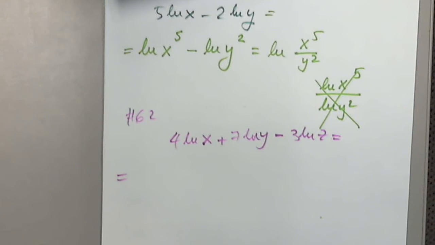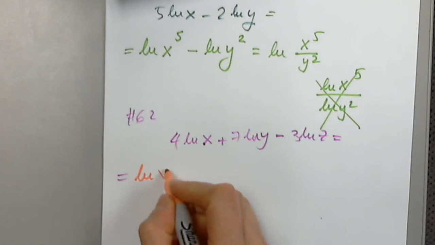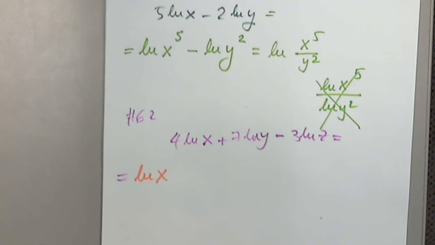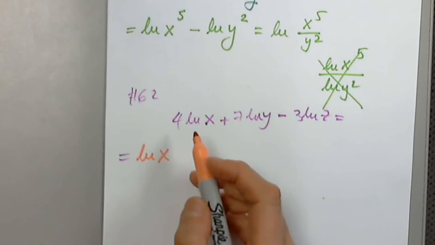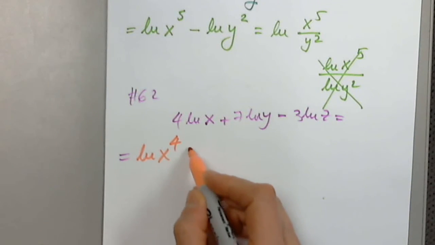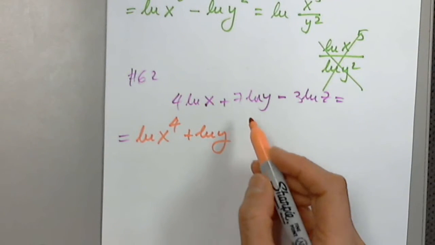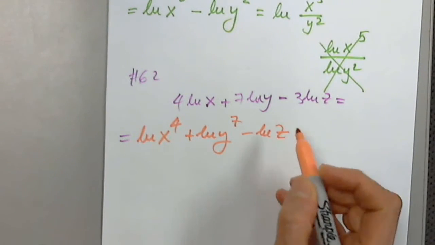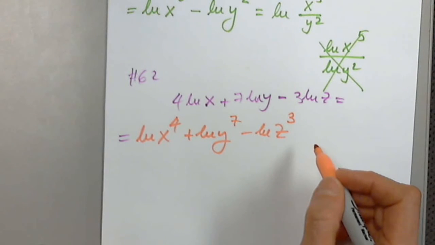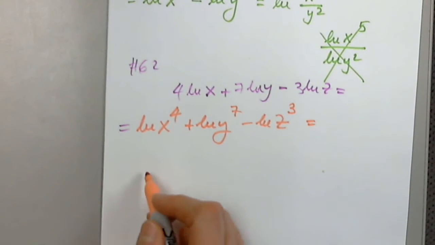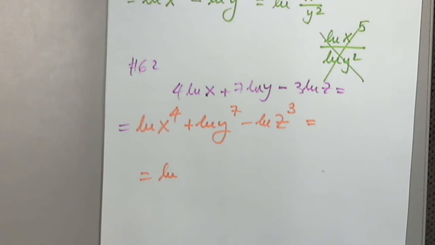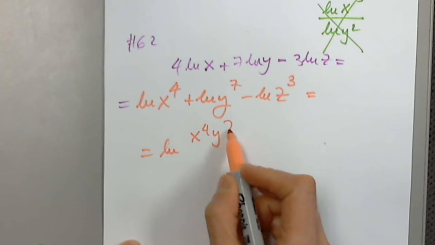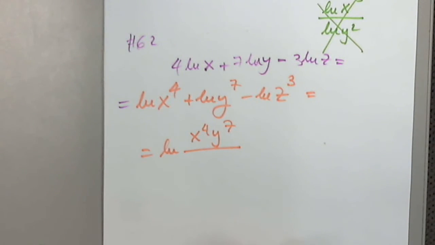But first I have to apply the power rule in the reversed way. So I have to write natural log x to which power? 4, good. Plus natural log y to which power? 7, good. And minus natural log z to the? 3. Great. So now I have natural log. Tell me which quantities will stay at the top and which will go to the denominator. x to the 4th, y to the 7th, and z cubed.